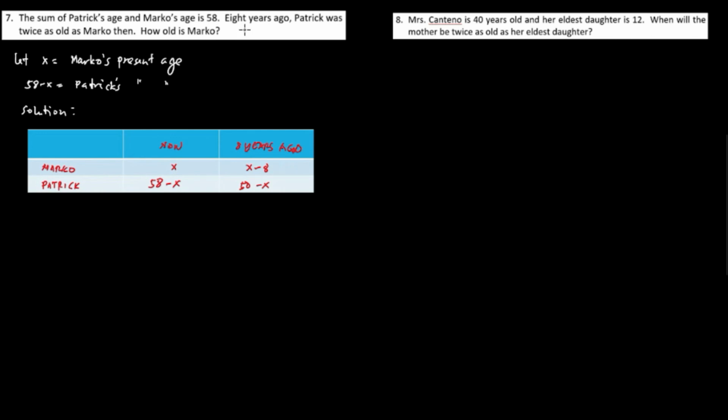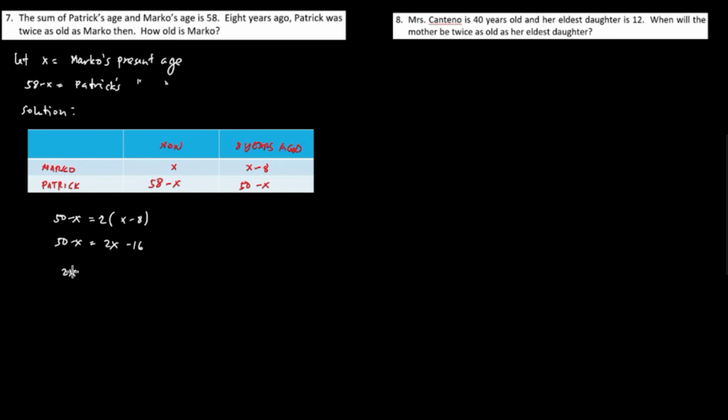And based on the second sentence, 8 years ago, Patrick was twice as old as Marco then. So Patrick's age 8 years ago, which is 50 minus x, is twice as old as Marco then, which is also 8 years ago, and this is x minus 8. And we simplify. So 50 minus x is equal to 2 times x or 2x, 2 times negative 8 or negative 16.